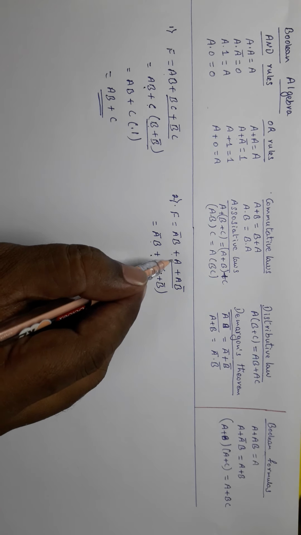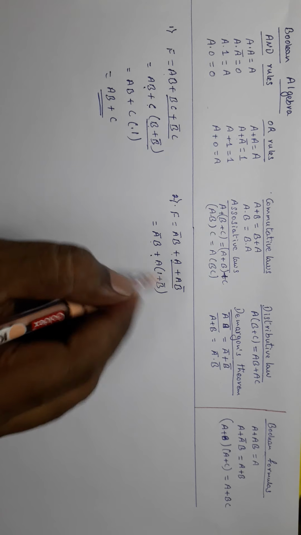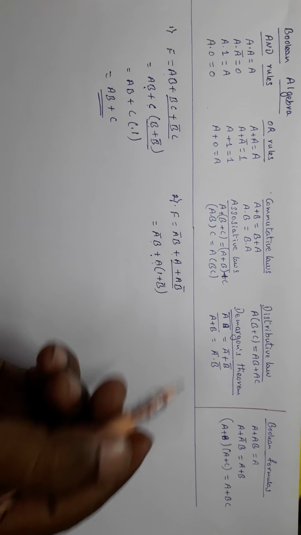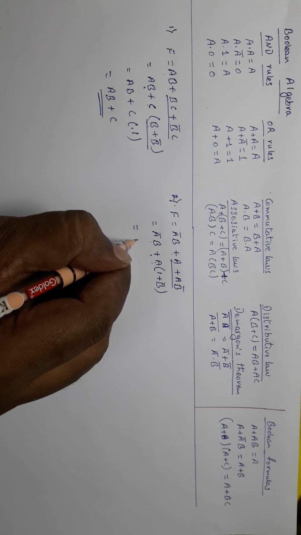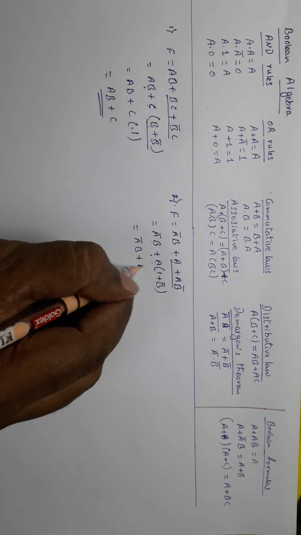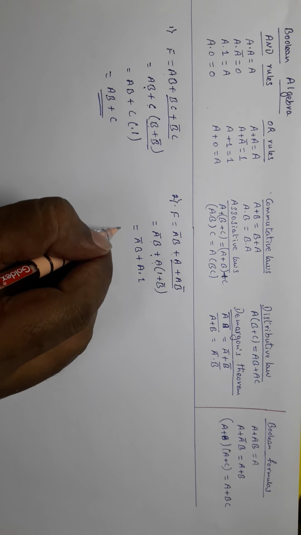We are taking the a term common with these two terms. We will get a into (1 + b complement). So that's equals a complement into b plus a into 1, because 1 + b complement equals 1.